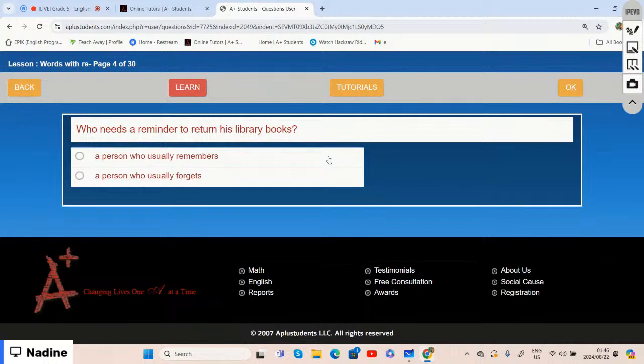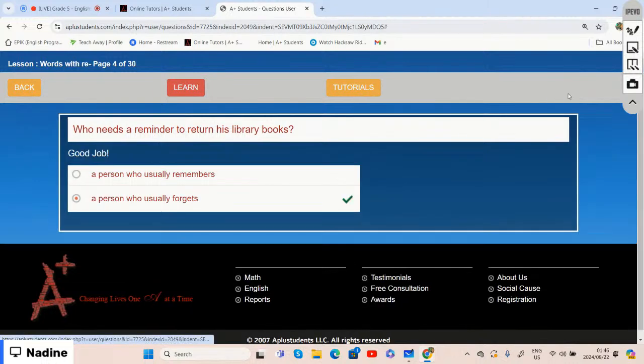All right, and if we look at who needs a reminder, we would say who needs a reminder to return his books is a person who usually forgets.